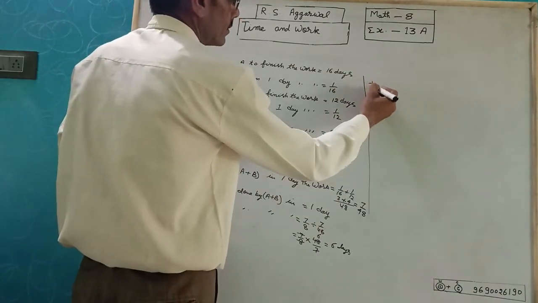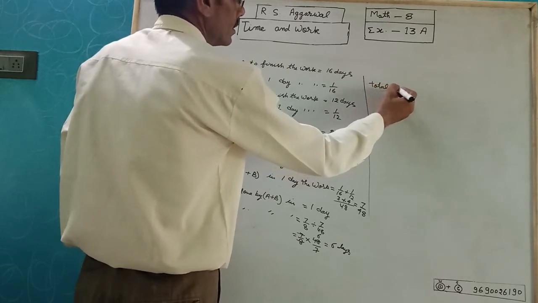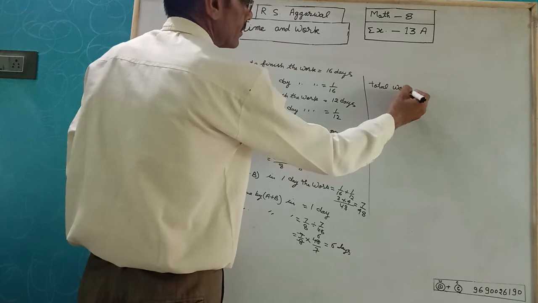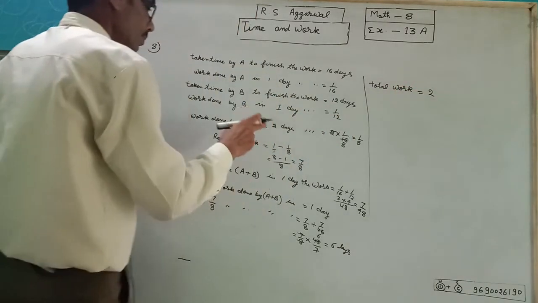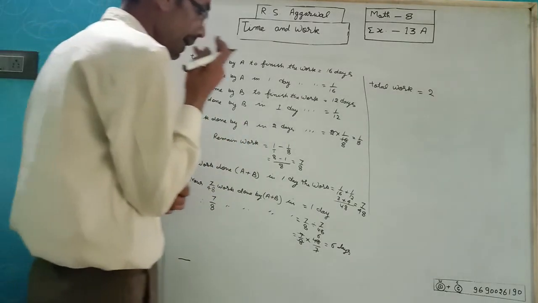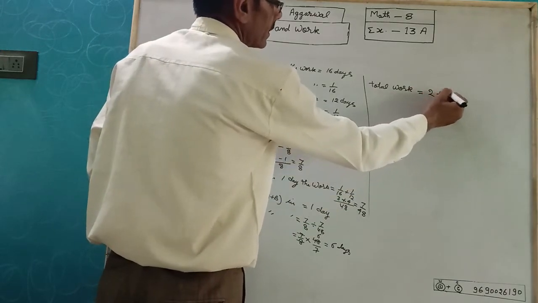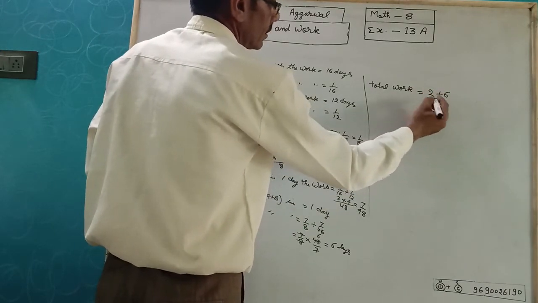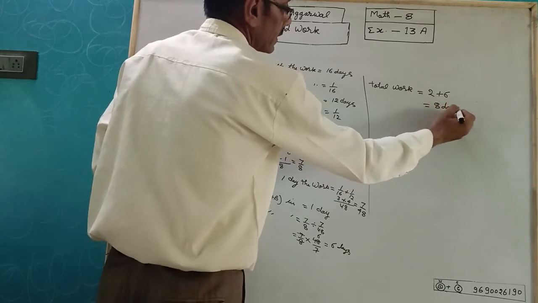Total work is equal to 2 days by A and 6 days by A and B. 6 plus 2 is equal to 8 days.